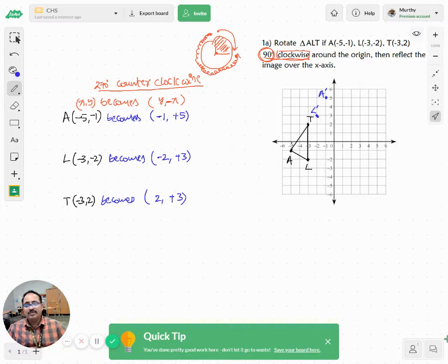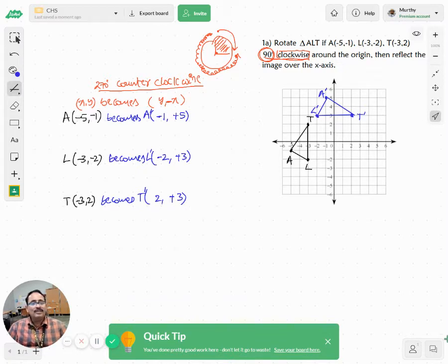And next, T prime is (2, 3). So 2 here and 3 here. This is T prime. Now you join them. So A prime, L prime, T prime, these are joined.